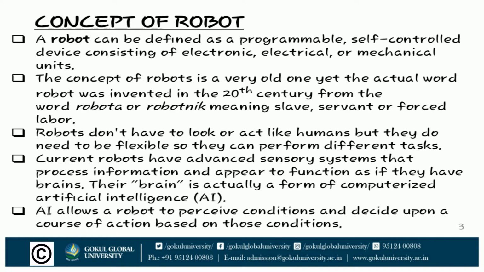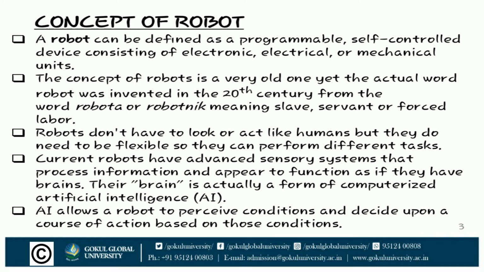Robots don't have to look or act like humans, but they do need to be flexible so they can perform different tasks. They perform very well as per the given task. Current robots have advanced sensory systems that process information and appear to function as if they have brains.